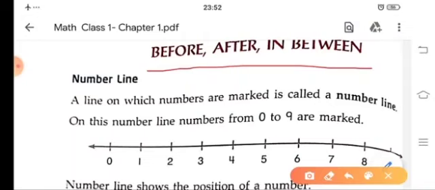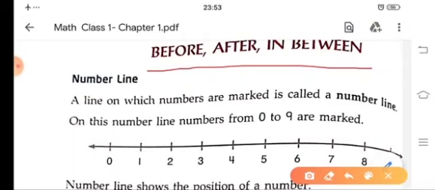Okay, so you are in the middle, so he is standing in front of you, Ayush, and who is standing at the back of you, that means Samya. So before and after means: before is what comes before or in front, and after means what comes after or backward to the present one.